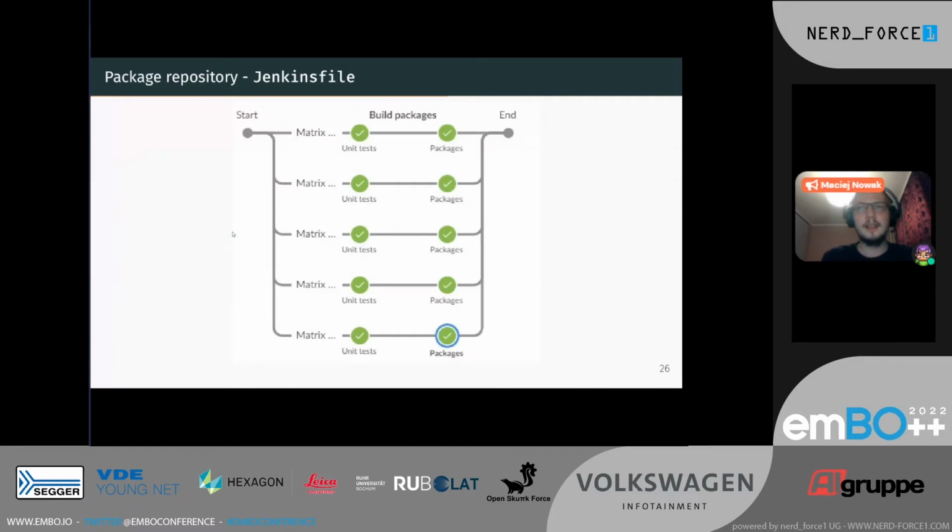I will not torture you with Jenkinsfile syntax because it's not very nice, and especially too big to show on a slide. But this is a screenshot from the Jenkins UI. We've built one of our packages. We have a matrix build with an axis for each profile that we are building.